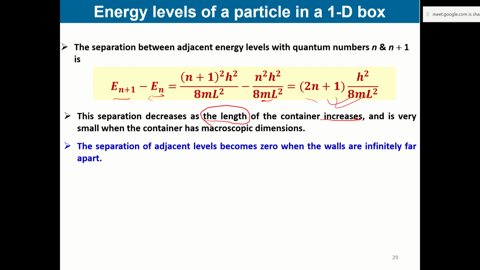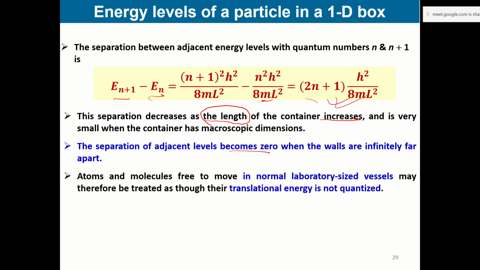If the length of the box is very big, almost infinite, then the separation becomes almost zero. If L is infinite, this delta E becomes 0, and that means you have continuously changing energies. The energy can change in a continuous manner.